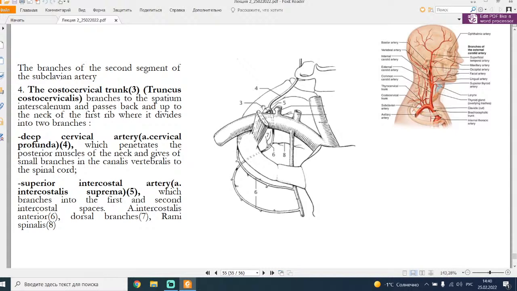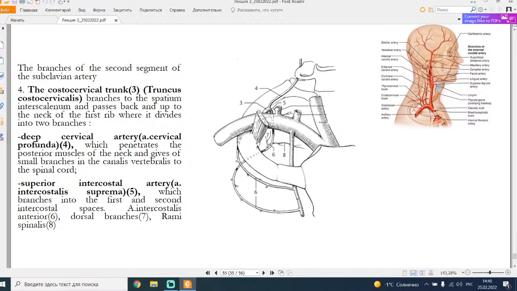This is the deep cervical artery, arteria cervicalis profunda, which penetrates the posterior muscles of the neck and gives small branches in the canalis vertebralis to the spinal cord.